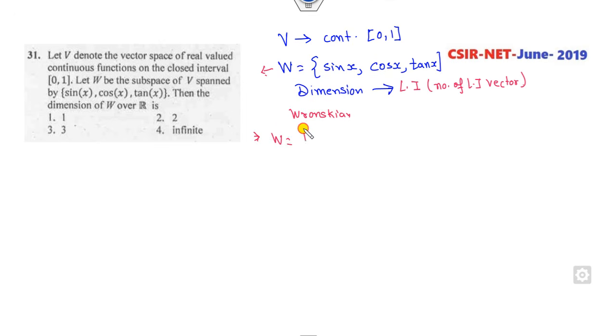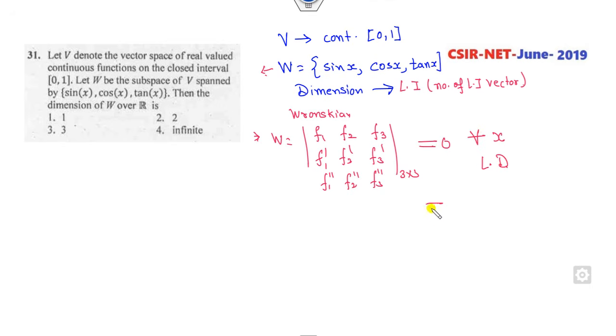If you have three different functions like f1, f2, f3, you can take the first derivative and the second derivative. Fine. This is my 3 cross 3 determinant. If it is 0 for all x, then we call it LD. If it is non-zero, we call it LI.